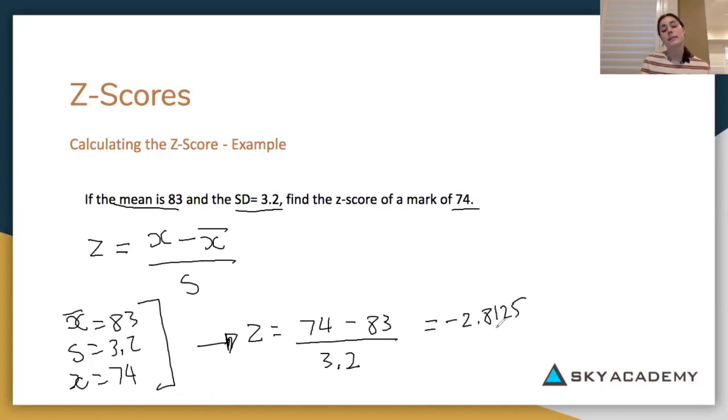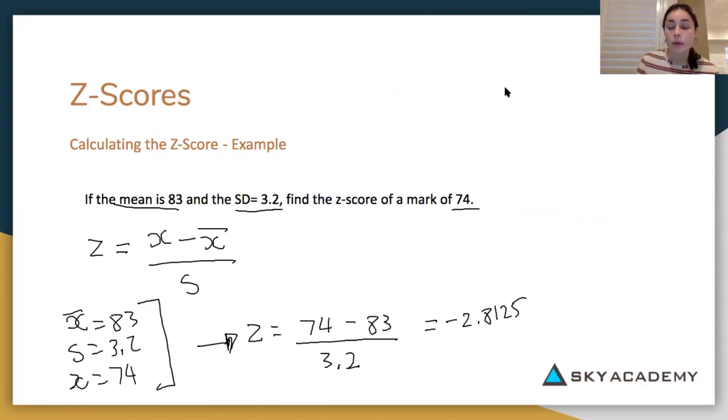This is indicating that if we have a mean here of 83, the mark of 74 is going to be almost 3 standard deviations below the mean. It's going to be around here, 2.8 standard deviations below the mean.